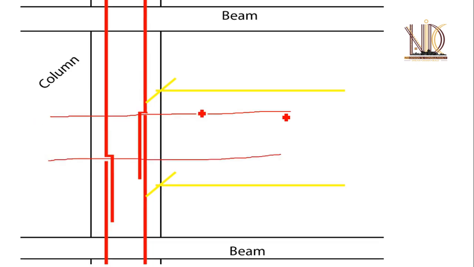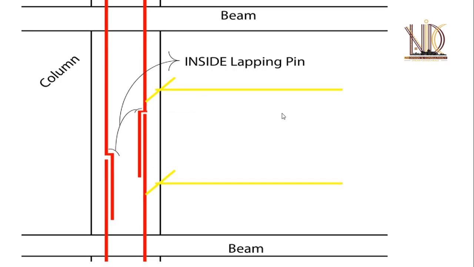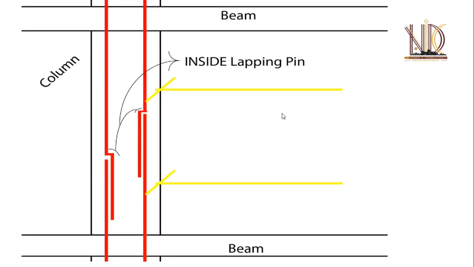We should alternate them. Also, please provide lapping inside the member, whether it is a vertical member or a horizontal member.